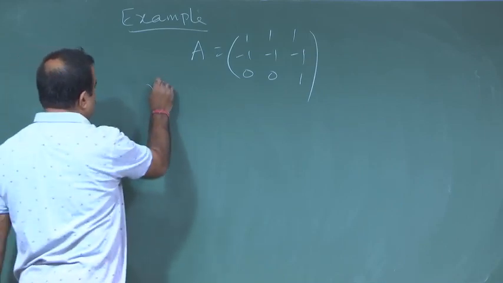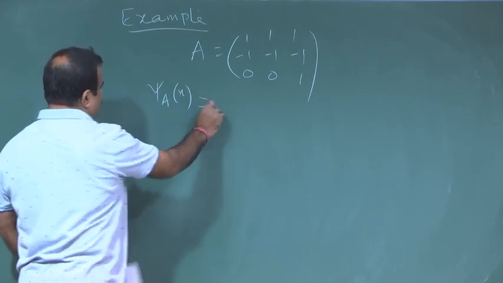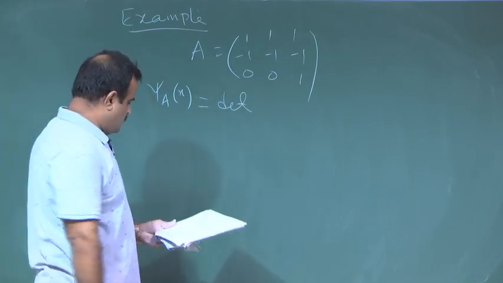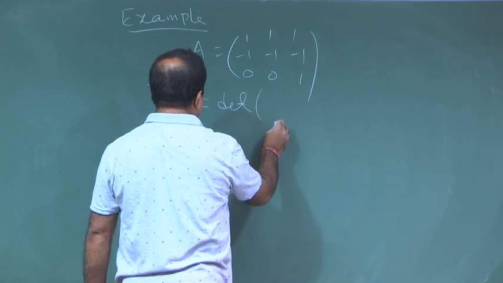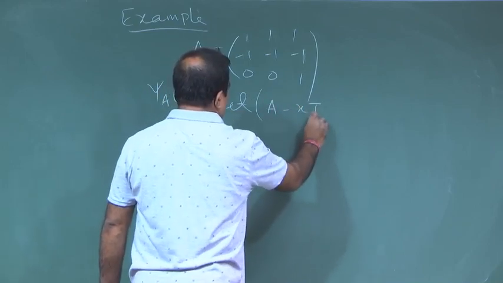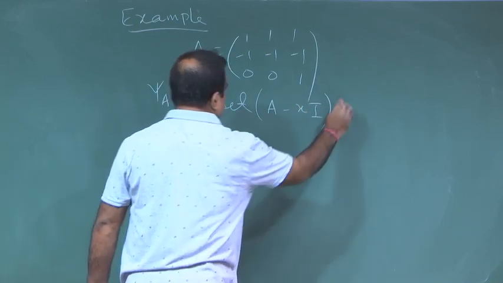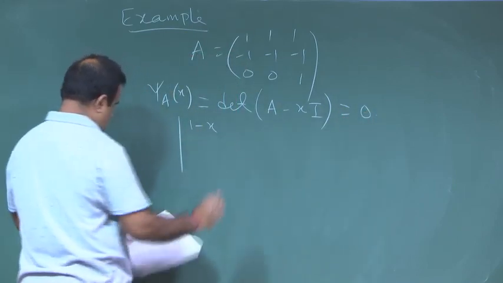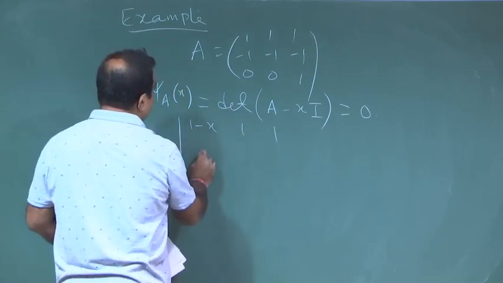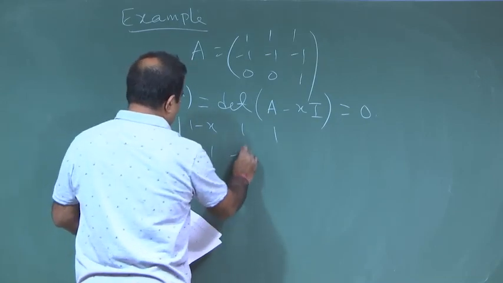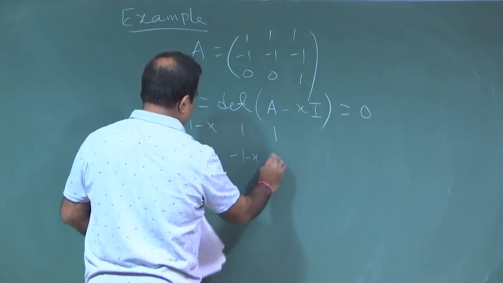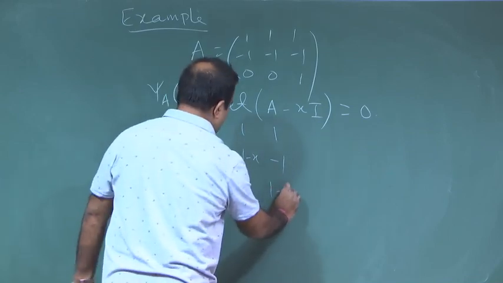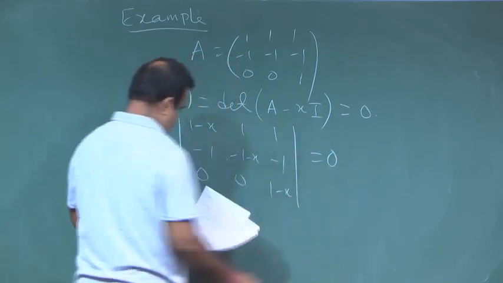For that we need to construct the corresponding characteristic polynomial and characteristic equation. The characteristic polynomial is nothing but the determinant of A minus xI. So, this is 1 minus x, 1, 1, then minus 1, minus 1 minus x, minus 1, and 0, 0, 1 minus x. So, this determinant is 0.